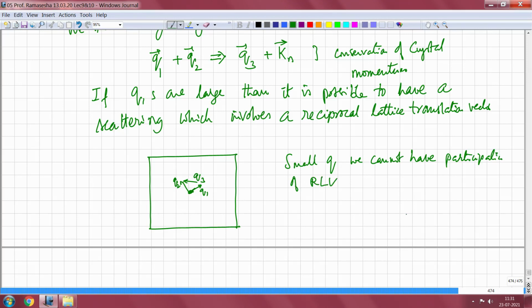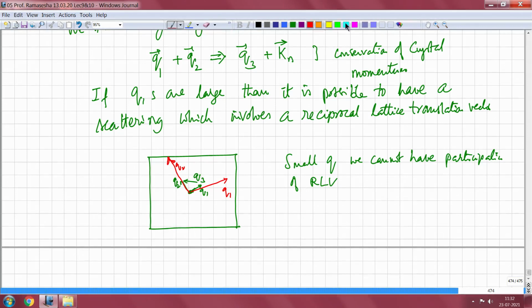But on the other hand, if you have a large q, so let us assume this is q1 and this is q2, then we can have a pretty large q1 plus q2.